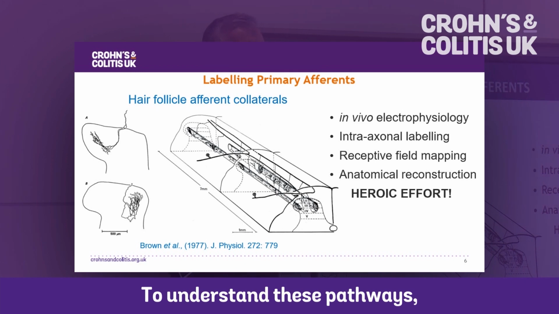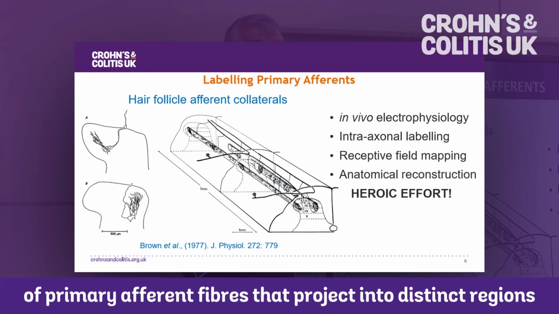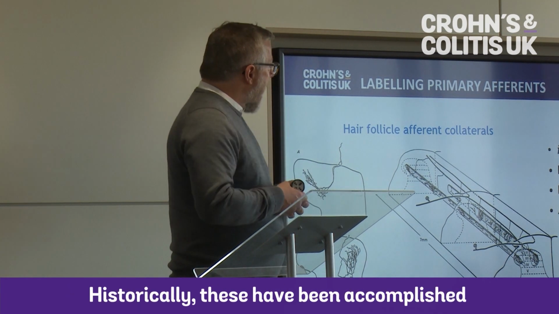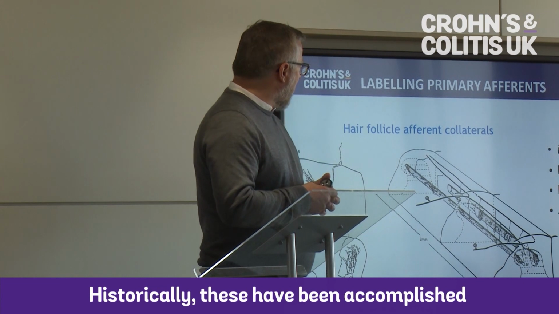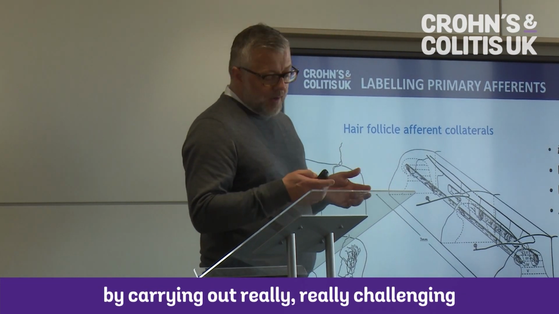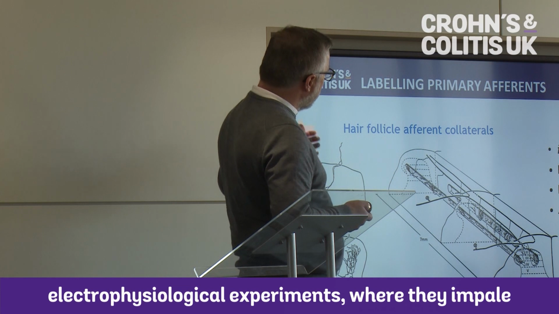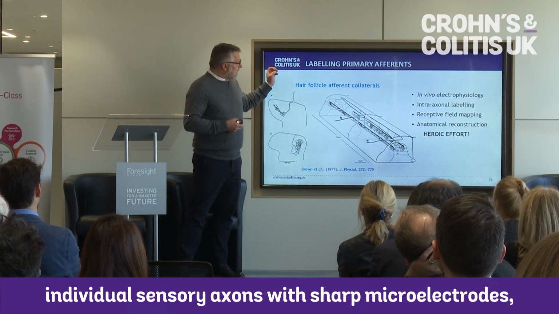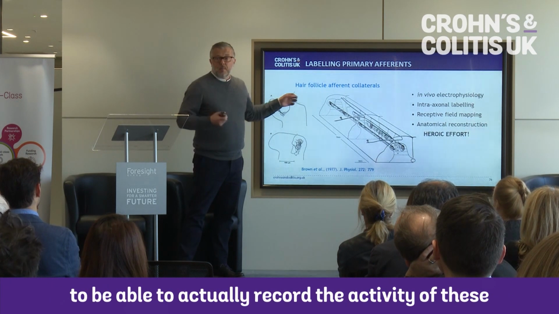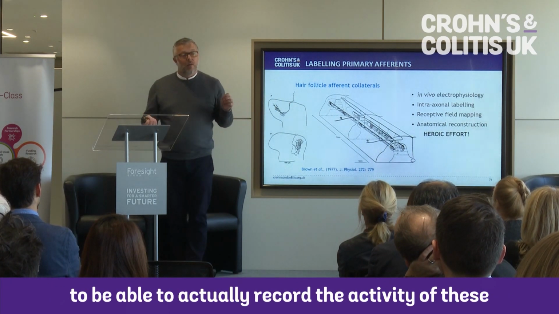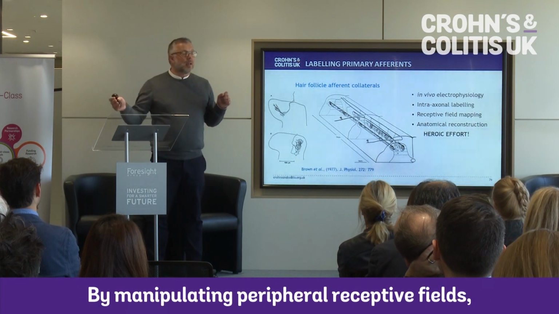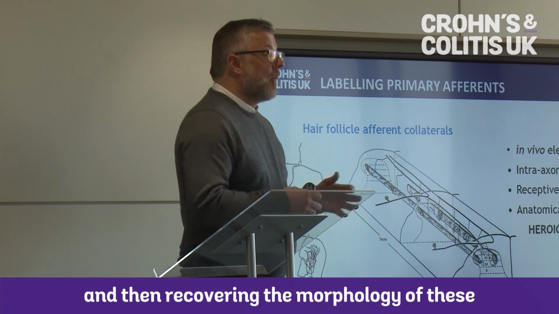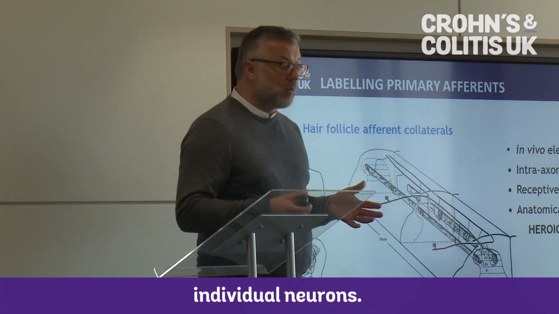To understand these pathways, we have to have an appreciation of the different types of primary afferent fibers that project into distinct regions of the dorsal horn. Historically, this has been accomplished by carrying out really challenging electrophysiological experiments where they impale individual sensory axons with sharp microelectrodes, record the activity of these individual neurons by manipulating peripheral receptive fields, fill the cells with a neuronal tracer, and then recover the morphology of these individual neurons.